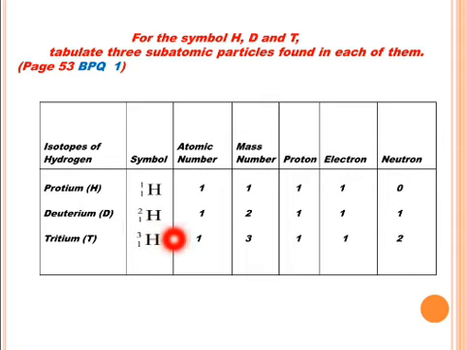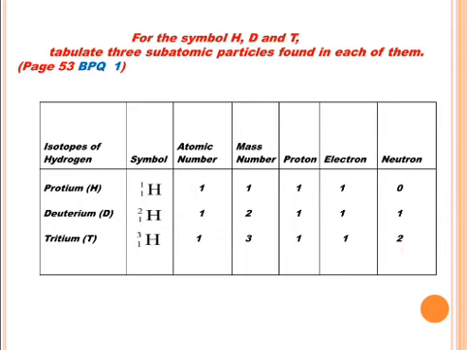Deuterium 2H1: atomic number 1, mass number 2, number of protons 1, number of electrons 1 and number of neutrons 1. Tritium 3H1: atomic number 1, mass number 3, number of protons 1, number of electrons 1 and number of neutrons is 2.